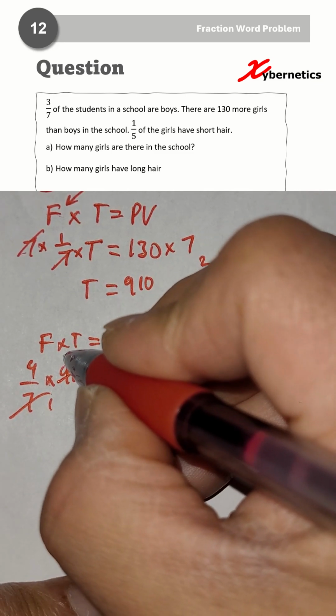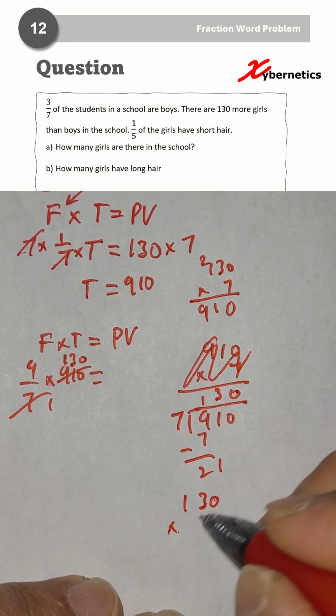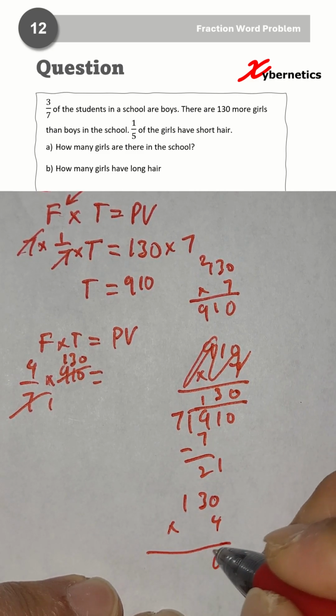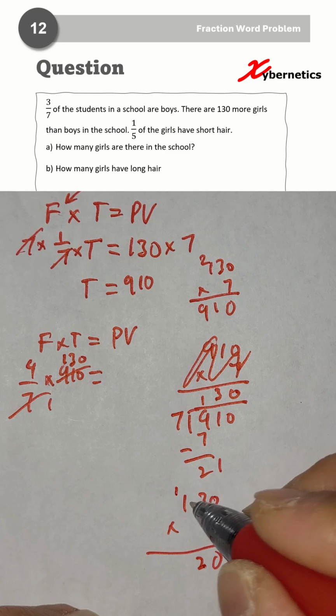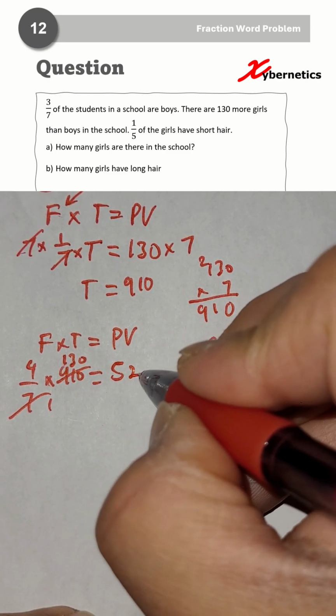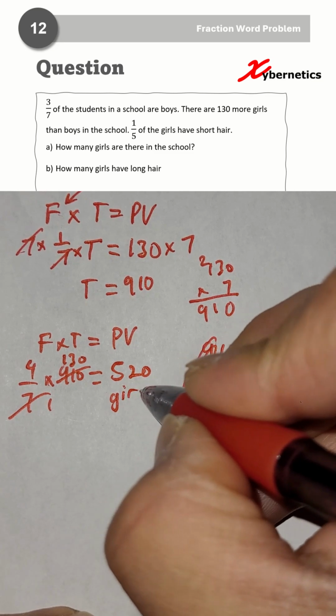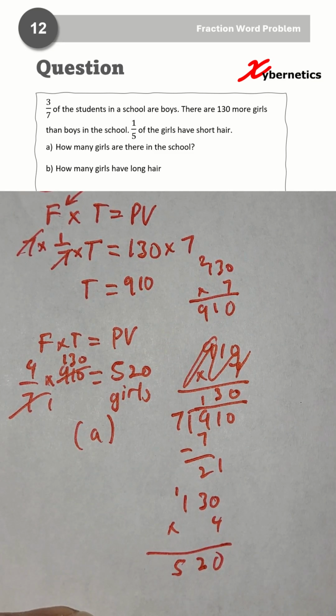This is 130, I'm sorry. So 130 times 4, 0, 3 times 4 will give you 12. And the 1, you bring it down here, 520. So this is 520 girls in the school. And this is part A's answer. That's how I get that.